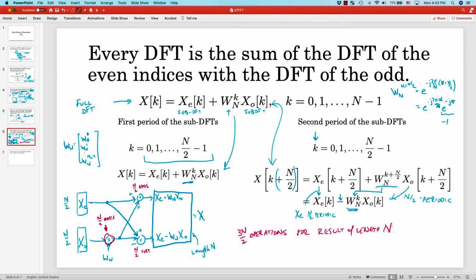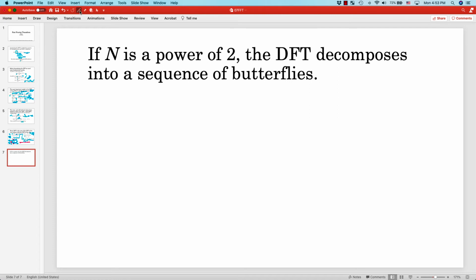So let's see how we can capitalize on this divide and conquer structure to minimize the number of operations that we need to do. So this is the number of operations for a single butterfly, but the real cool thing about the FFT is that you actually reduce the number of butterflies that you might otherwise need. So let's draw this in the same direction. I'm going to start with a big old vector, and this is where we're going to end up.